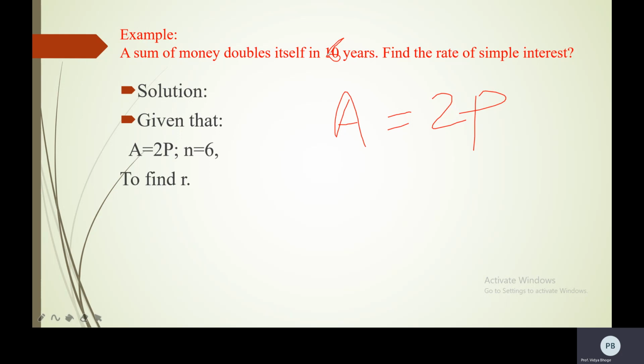Then to find R, we use the formula A is equal to P in bracket 1 plus Rn upon 100.